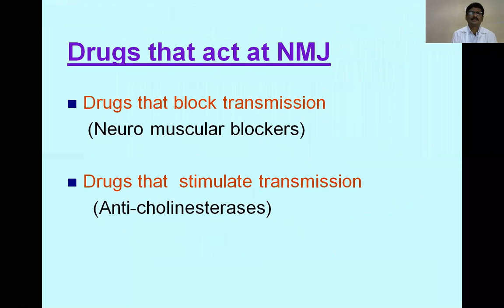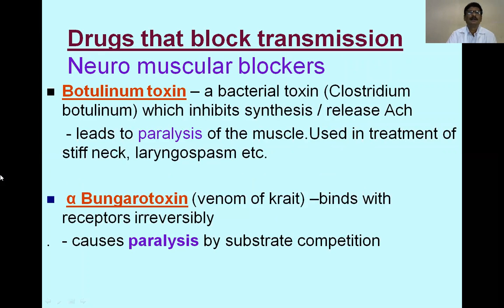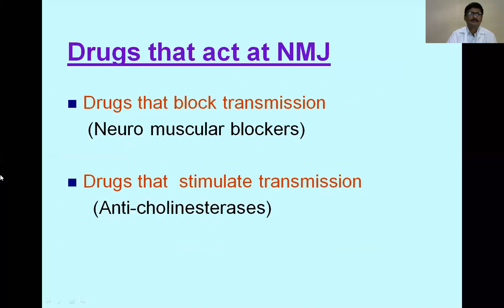Now there are certain drugs that act at the neuromuscular junction, and the drugs can be of various types. Number one, there are certain drugs that inhibit the release of acetylcholine from the presynaptic terminal, like conotoxin and botulism toxin.